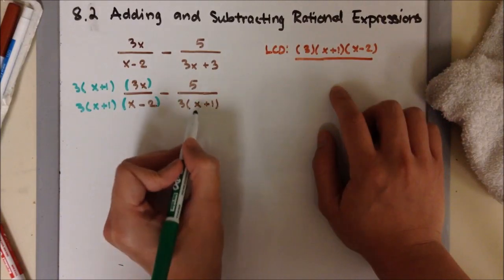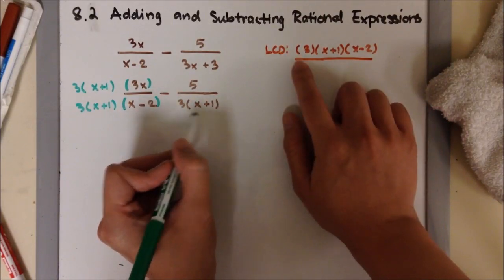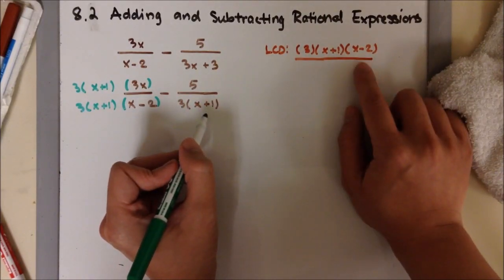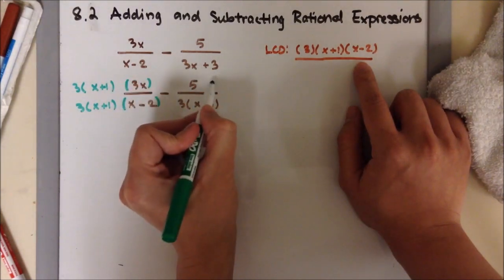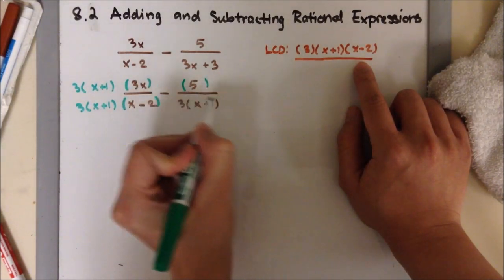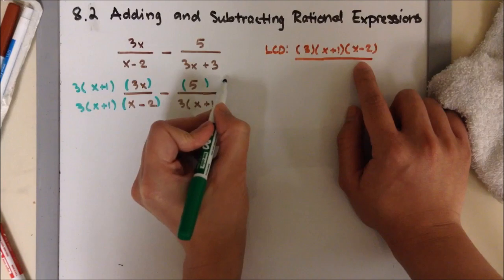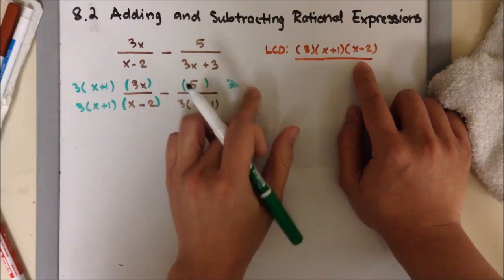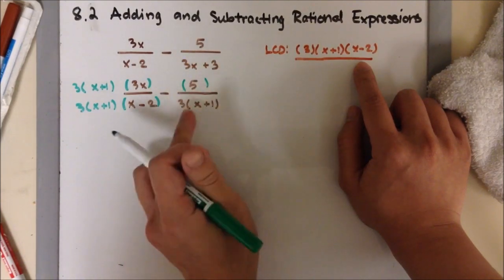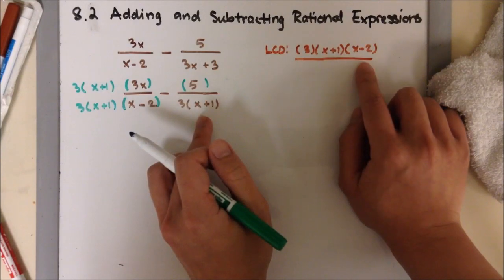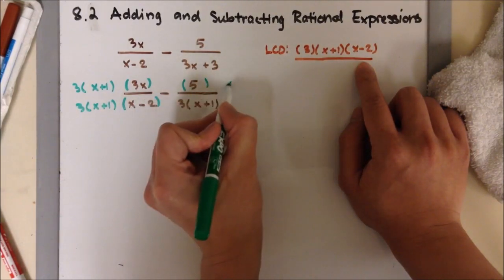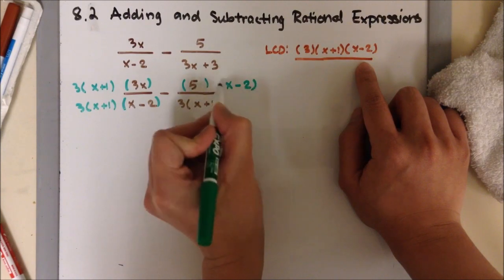Then checking the second fraction, it has the 3 and the x plus 1, but it's missing the x minus 2. Sorry, I'm not going to multiply by the 3. It already has the 3 and the x plus 1. I'm just going to multiply by the missing factor from the LCD, which is x minus 2.